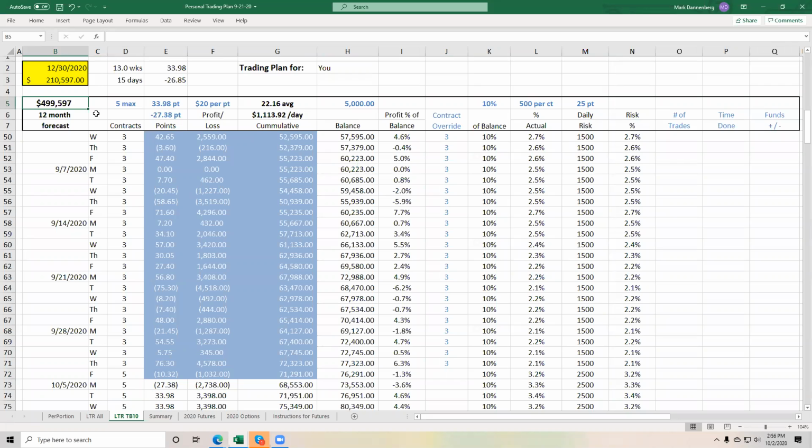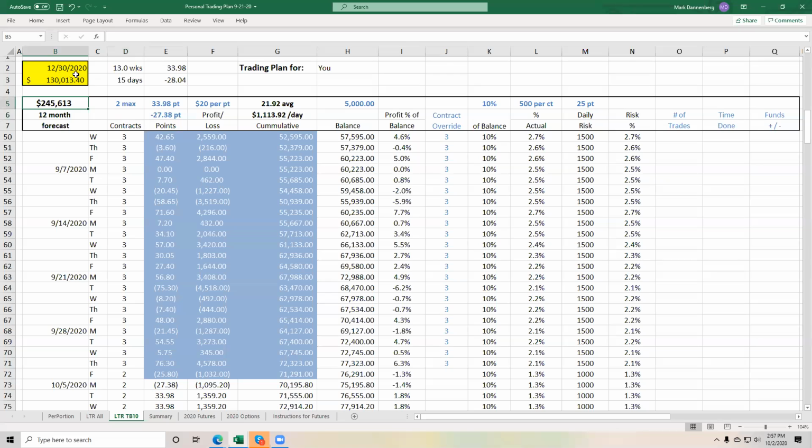Again, this is all based on the science of the adaptive entry system and producing profits based on the signals, and then translating the data in terms of average performance and forecasted performance, and then whatever you want your maximum number of contracts to be. If you're a more conservative individual and you want to keep your max at 2 contracts, well, you're going to see what your projected income could potentially be.